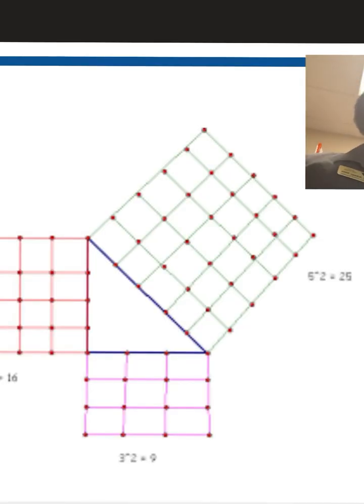Okay, so who would like to walk us through this example? How did we model this the last time? That's exactly right, right? So we took the squares from the legs. So here you can see we had 16 squares on one side.